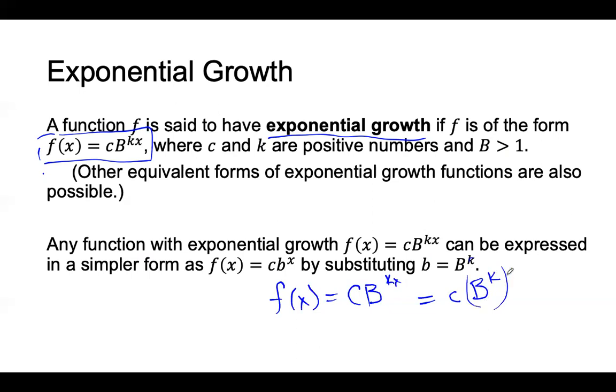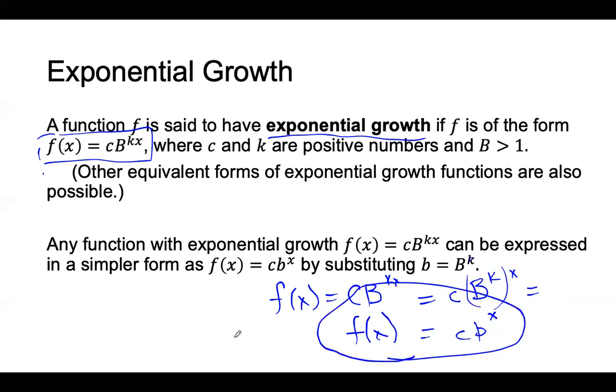Just rewrite it using your rules of exponents. C, k, and B are all constants, and x is the variable that changes on the x axis. Let me see if I can clean this up.